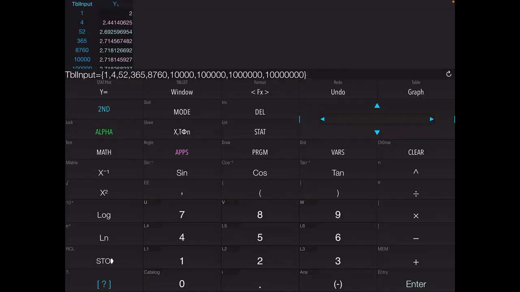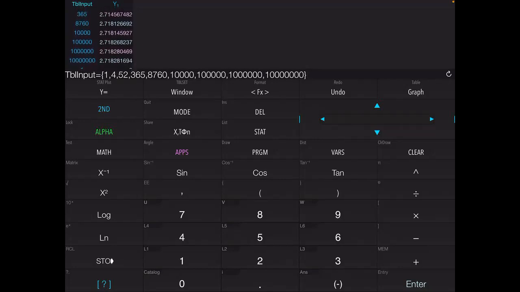All right, so let's see. At 1, as we saw, we got 2. When the value of the compounding is 4, we get about 2.4414. Then 2.6926 for 52. Then at 365, we get about 2.714, and 2.718 for 8,000.